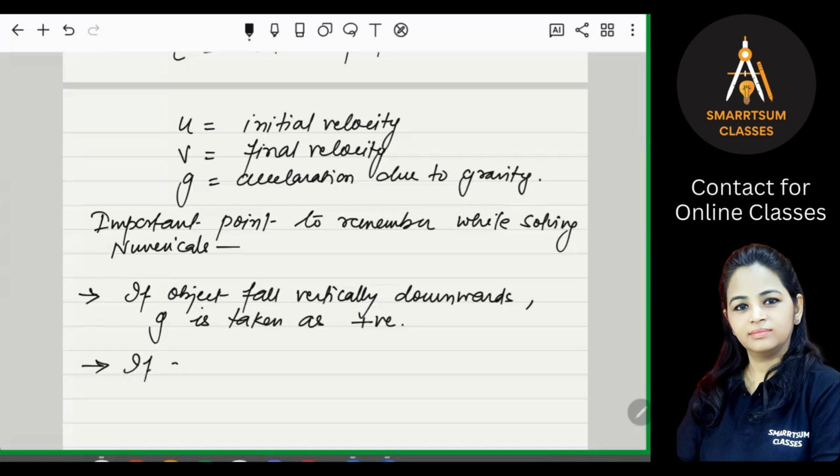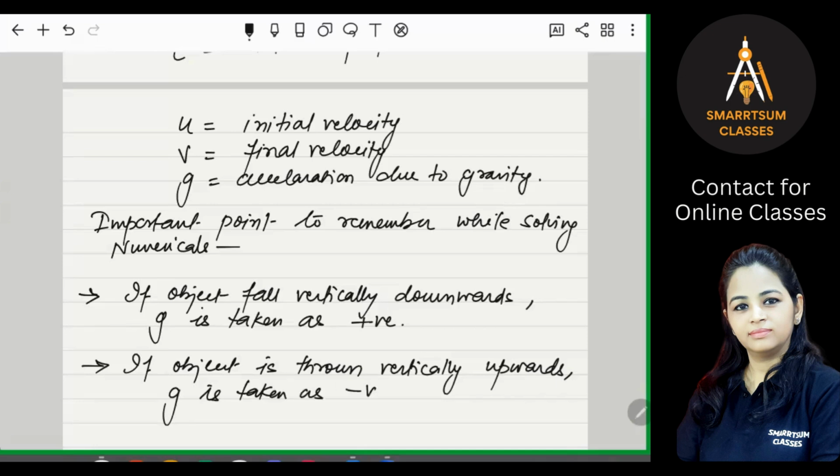Now, if an object is thrown vertically upwards, then the acceleration due to gravity is taken as negative. We take it as negative because we are throwing that object upwards, and its velocity will decrease.